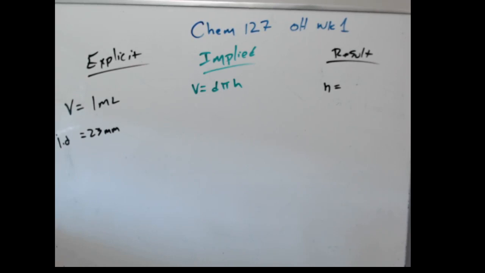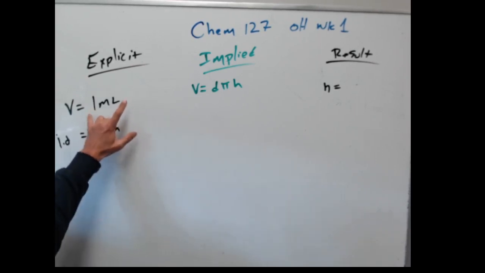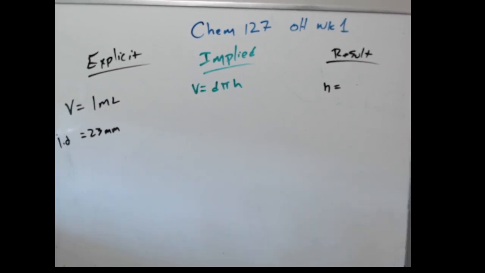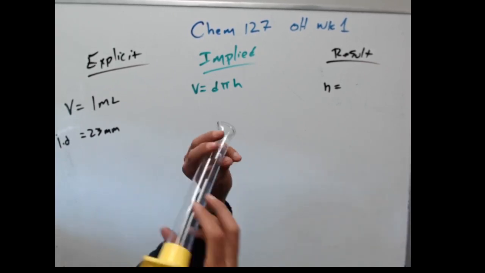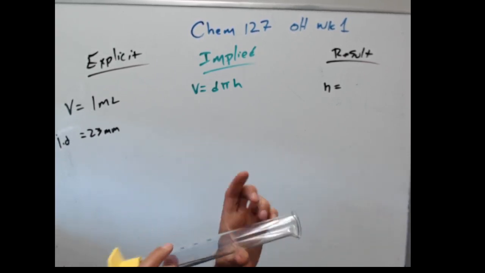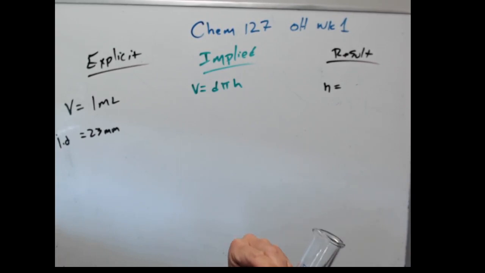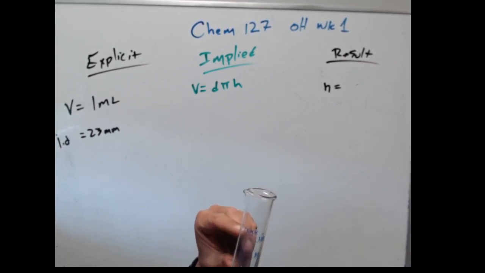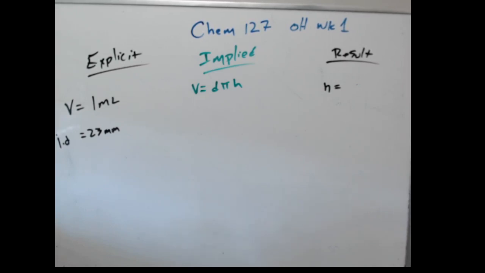So turns out once we have these 3 bits of information, it's actually pretty straightforward. The thing that makes this problem doable for me is having this physical reality of, oh, it's a cylinder that's going to be a 1 milliliter volume cylinder. And I've got to figure out how tall that is given the diameter.